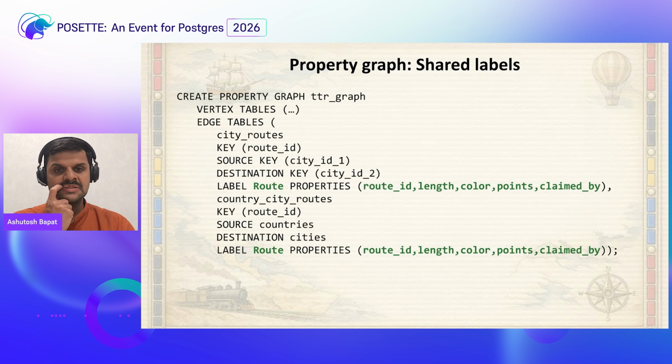The only condition is each label has to have the same set of properties associated with it. For example, in this case, route ID, length, color, points claimed are exactly the columns of the respective tables mapped to the properties of label route. These properties need not be one-to-one mapped to the columns. They can be expressions containing the columns, or they can be expressions which may not have even the column names. All that flexibility is allowed in the standard.